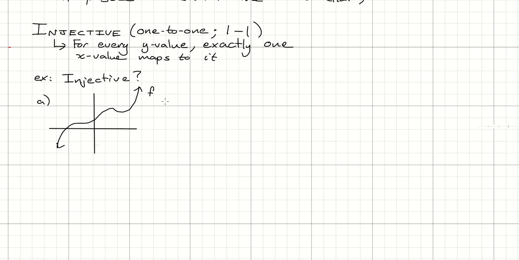I mean, that's like a fifth power, fifth degree, x to the fifth. Don't know, made it up, doesn't matter. Is that thing injective? You say no right away. Love it. Why? If I do the horizontal line test, I'm going to try to see if I can make this work like this. I don't know if it will. We're going to try it.